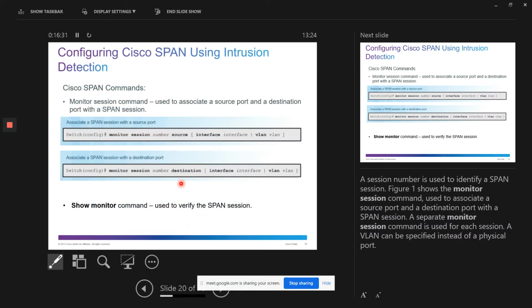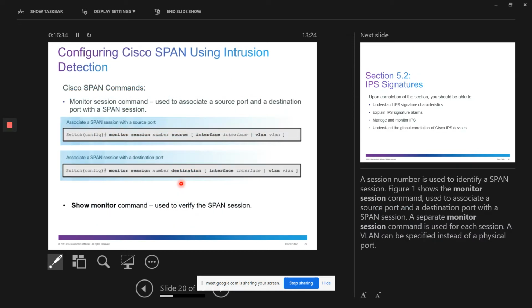The next one is the configuration: how we can configure Cisco SPAN using intrusion detection. Over here you can see some commands. The command is monitor session, and then you specify the number, for example 1, and then you specify the source, and here you specify the interface, maybe S0/1 or FE0/1, depending on whatever you're monitoring.